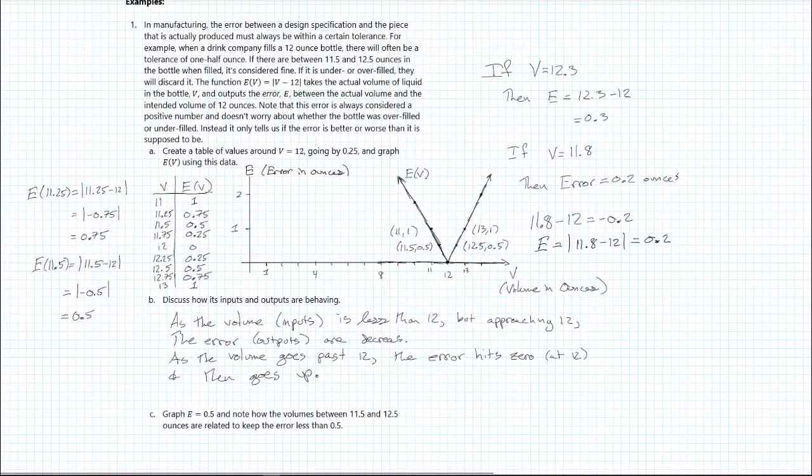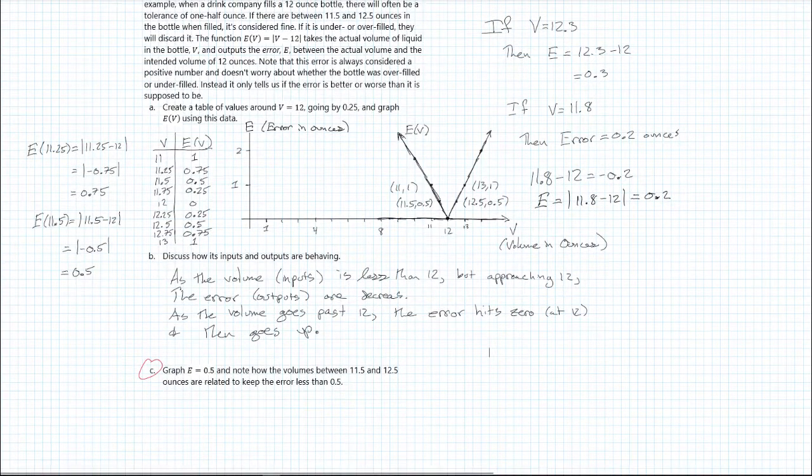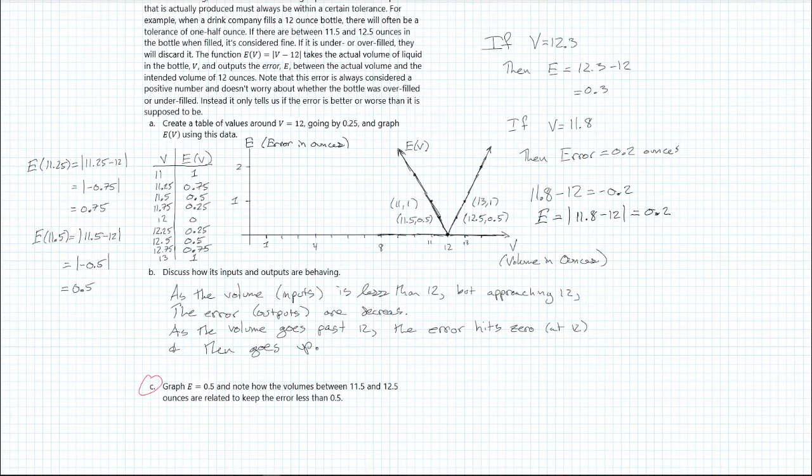All right, the next thing for part C, in fact, I'm going to change that color. So for part C, I'm going to do this in red. It says graph that capital E equals 0.5, and note how the volumes between 11.5 and 12.5 ounces are related to keep the error less than 0.5. So there's nothing surprising here, I don't think, but let's just take a look at what this is trying to say.